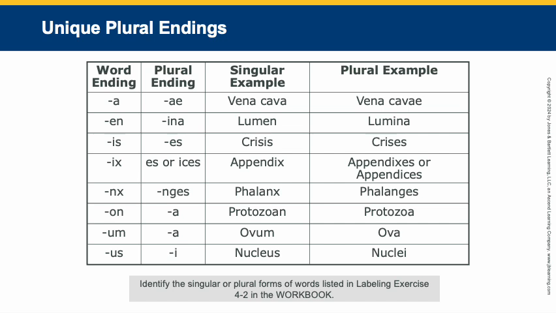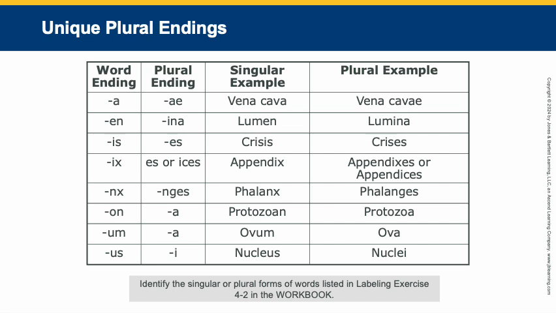So look at your slide. If the word ends in A, then the plural is going to be AE. For example, vena cava, the plural is venae cavae. If the word ends in EN, then the plural ending is INA. So lumen turns into lumina.